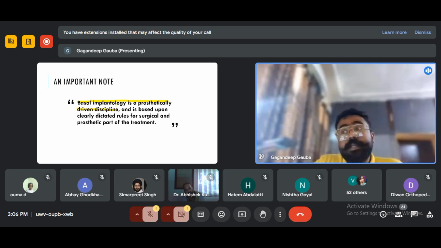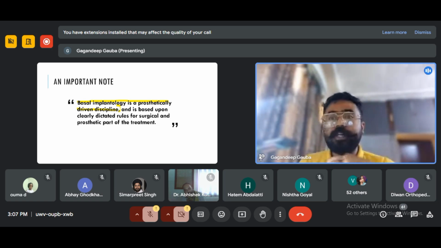But this is a prosthetically driven principle. What we have done is adapt the principles from orthopedics and traumatology and bring them into dentistry, right? So the patient comes to us for having teeth, not for the implant. It is us that tell the patient to go for an implant because it will provide a better solution. But the patient only wants a good set of teeth.